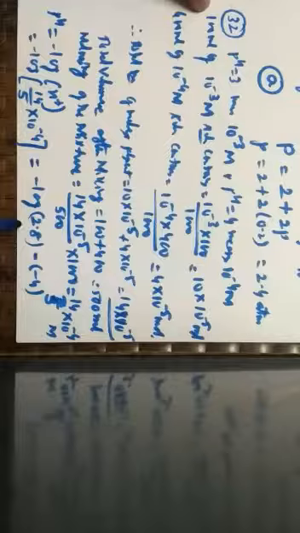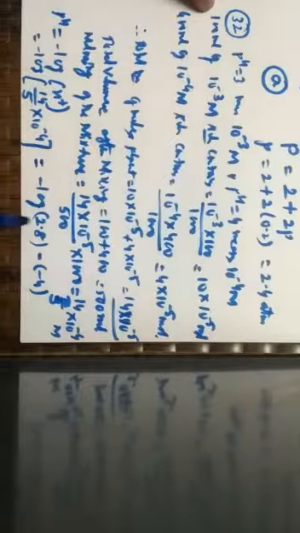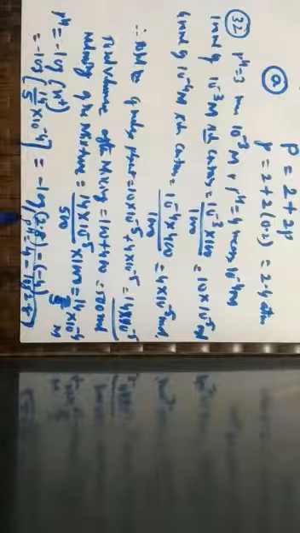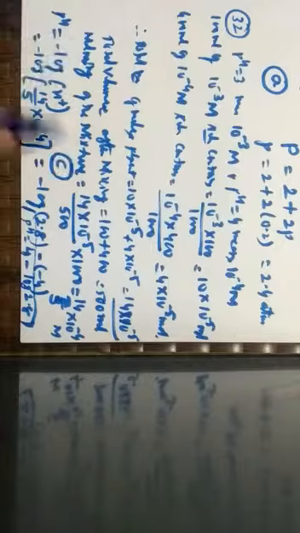Therefore, I can write the ultimate equation as pH is equal to 4 minus log of 2.8. So this will be the final value, which is given by option C.